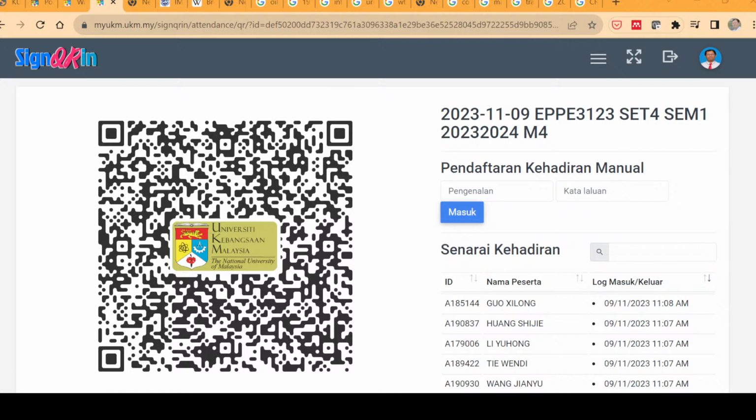I think showing the QR code for 5 minutes is enough. More time and they still don't wake up. You just wait and nobody scans. It's a waste of time. Yeah, that's right. You are correct.